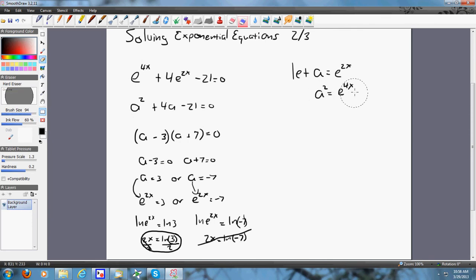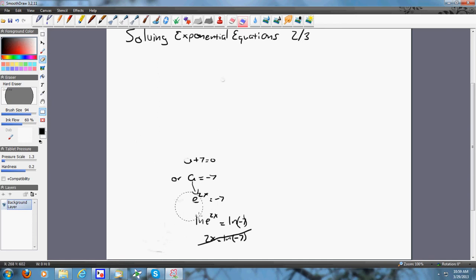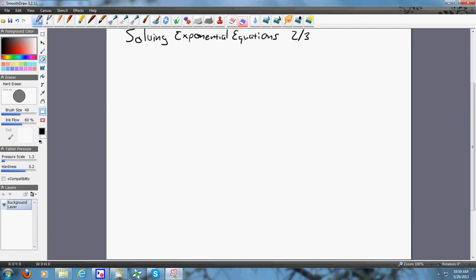So that's example number 1. And I'm going to do another example. And this example is also a really good example. Actually, I really enjoy doing questions like these because they're good, thought-provoking questions. And the second question says e to the x minus 12e to the negative x minus 1 equals 0.